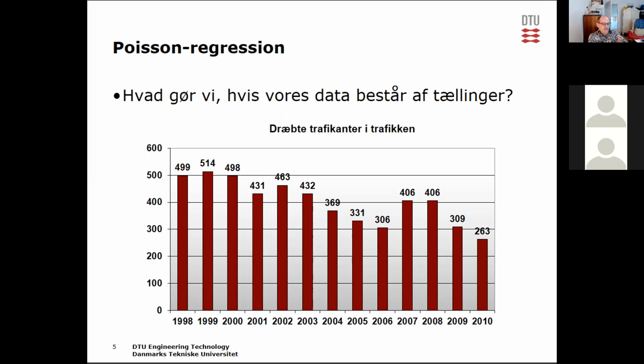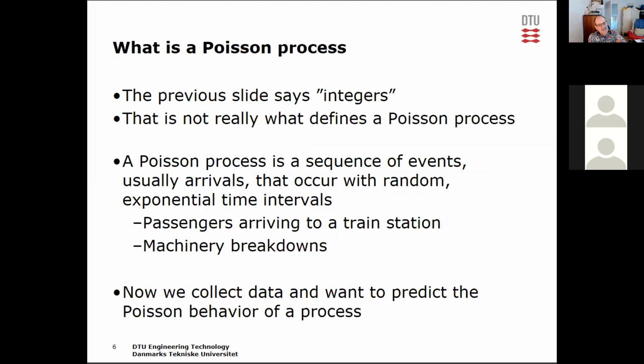The argument given for this in some texts and in the previous course is something like, well, the numbers are integer and therefore we should use a Poisson regression. And that's not really a correct explanation. I don't like that explanation at all, actually. That's not really a good reason to say, well, the data is integer and therefore I'm going to do a Poisson regression.